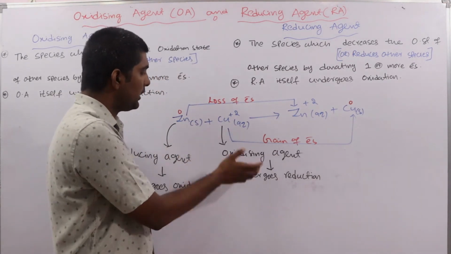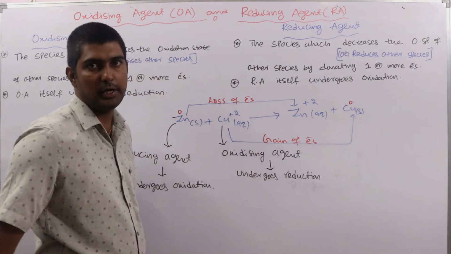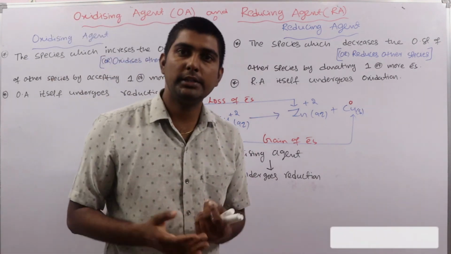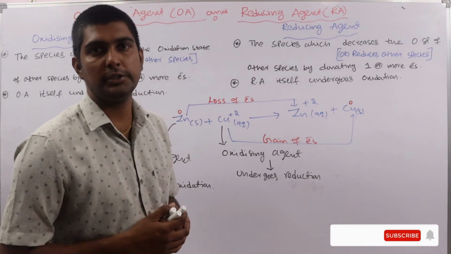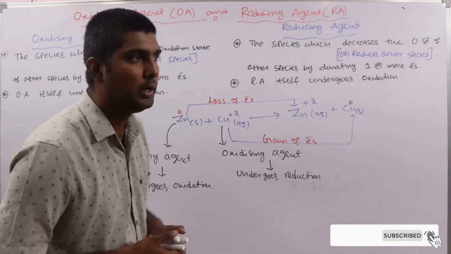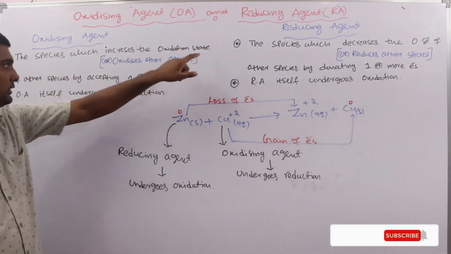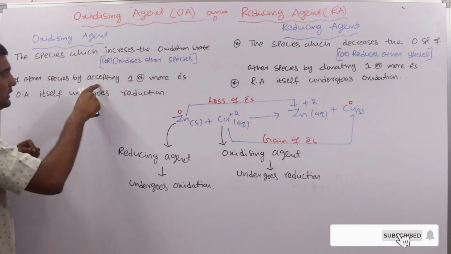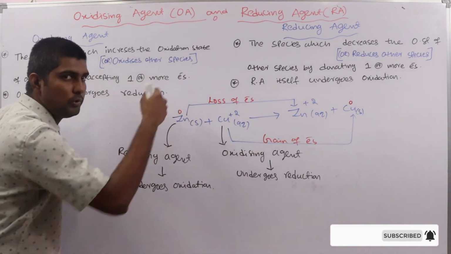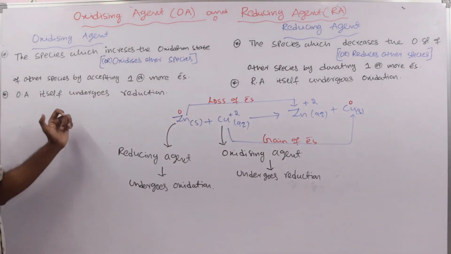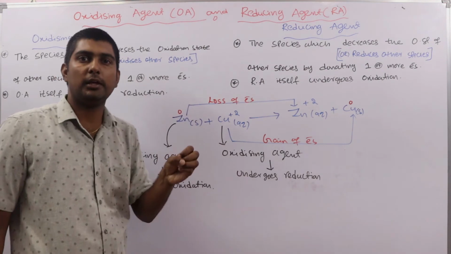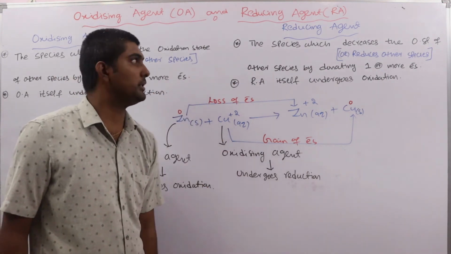Reduction means this is an oxidizing agent. If an oxidizing agent oxidizes other species, itself it is undergoing reduction. Why? See here, the species which increases the oxidation state of other species by accepting one or more electrons, that accepts the electrons from the other species and oxidizes other species.